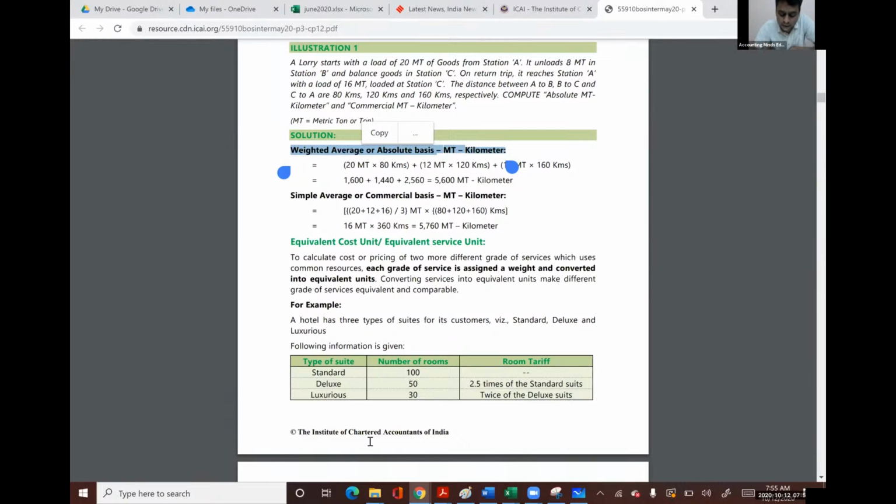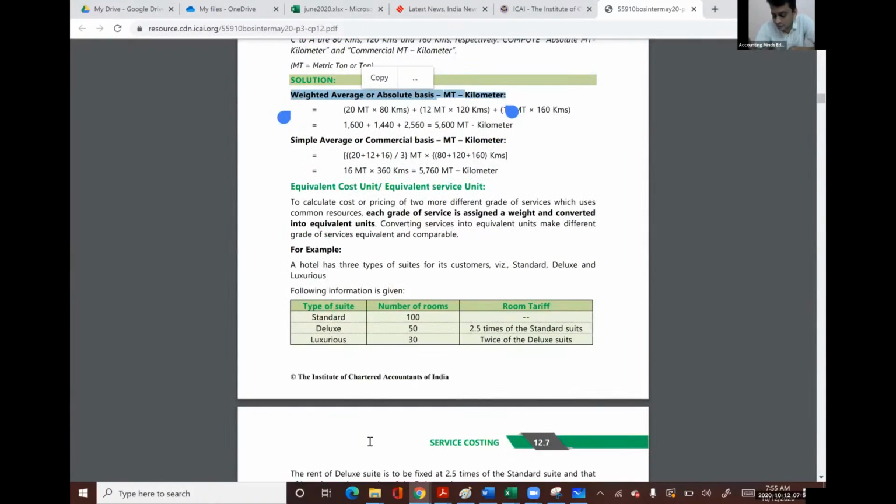So 16 into 360 you will get metric ton kilometers. This is simple average. Simple average is not a very sophisticated method. Weighted average is a much more sophisticated method. They may not ask you any questions on simple average. Right, guys? Yes, sir. Keep that in mind.